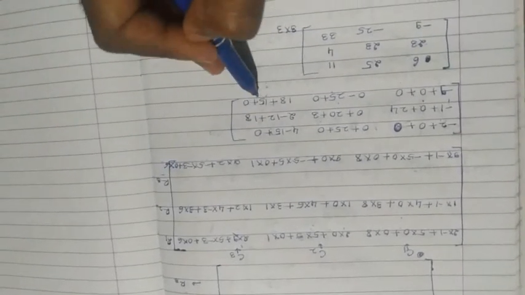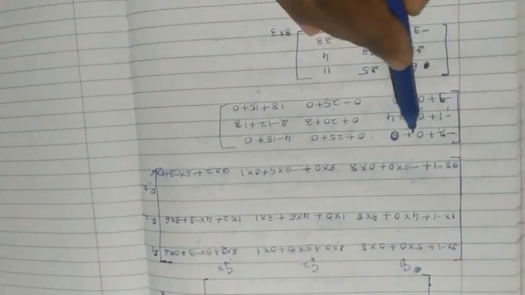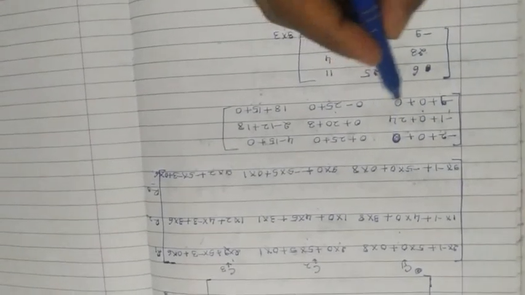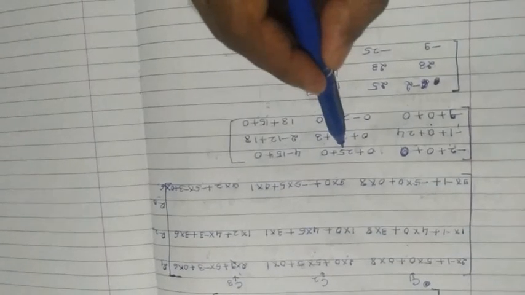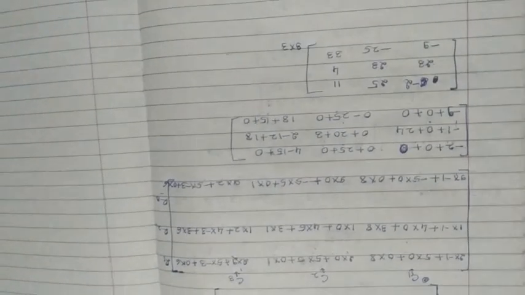So minus 2 plus 0 is minus 2. 0 plus 25, 25 plus 0 is 25.